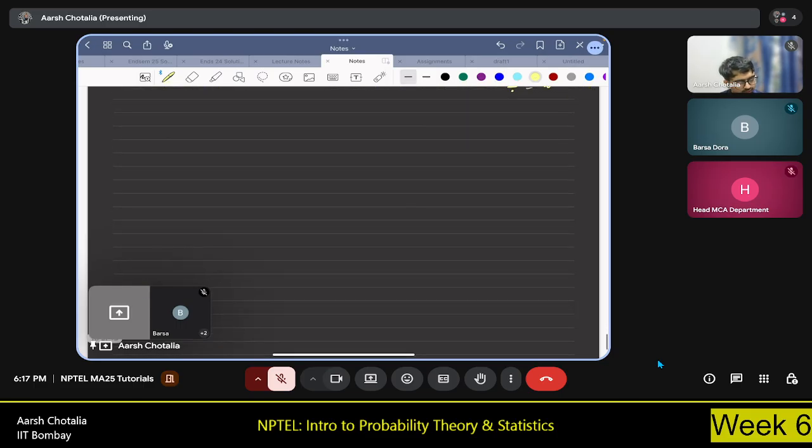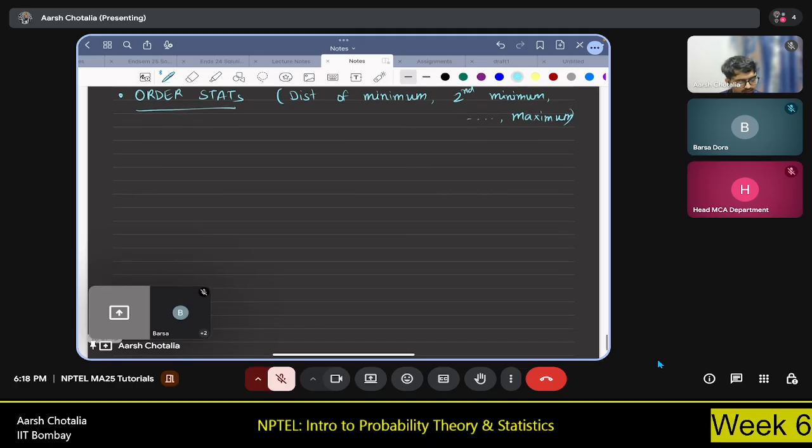Okay. Then we saw something interesting, something called order statistics, which means the distribution of the minimum value and the second minimum, etc., all the way up to the maximum. Right.